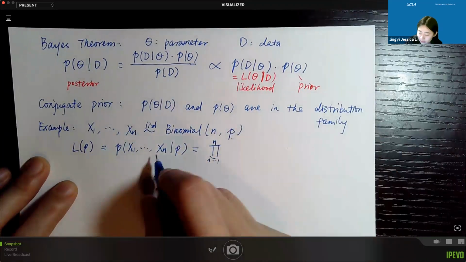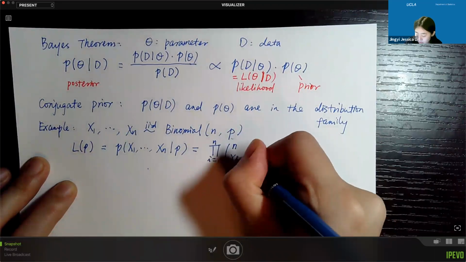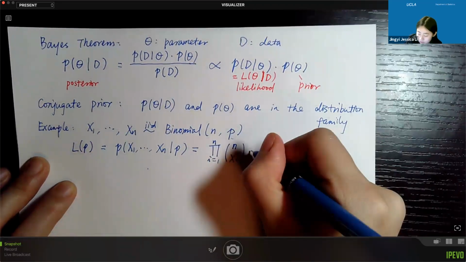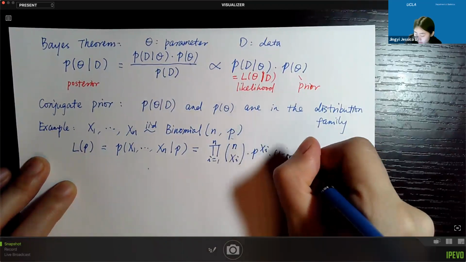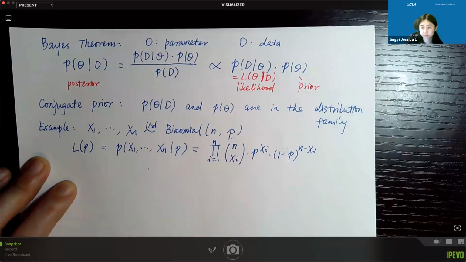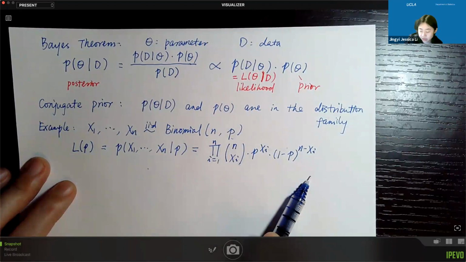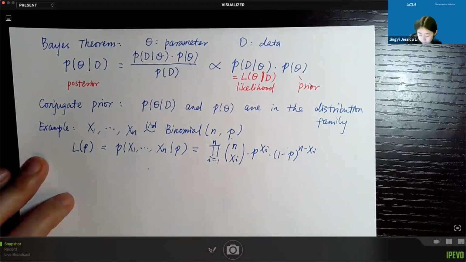We know the formula for binomial, and because they're IID we can multiply their probabilities together. For each xi, the binomial probability is n choose xi times p to the power xi times 1 minus p to the power n minus xi. That's the probability for each xi, and I multiply them together because of the IID.